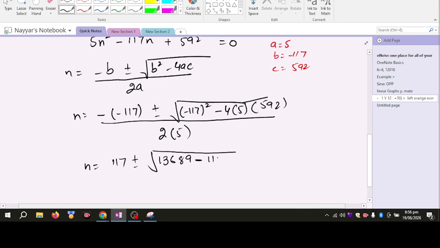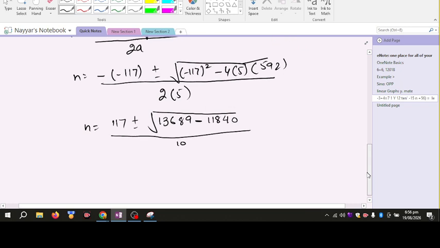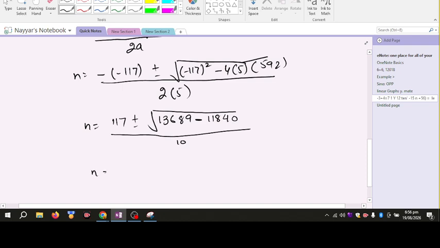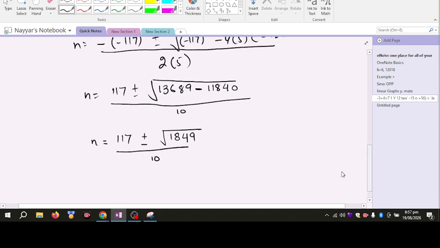Okay, subtract 11840 from 13689. 1849. Okay, take the square root of 1849. 43.